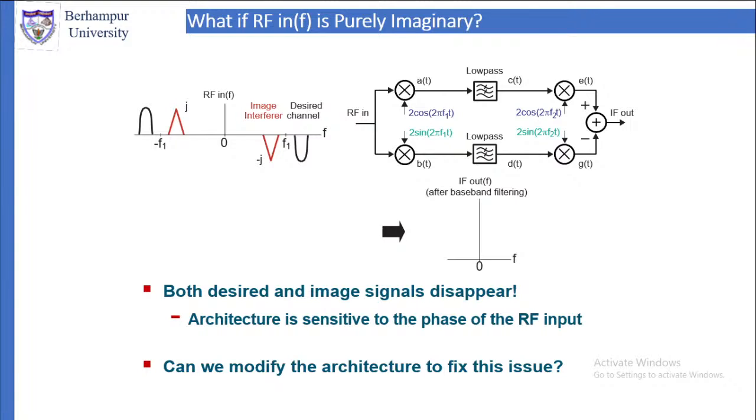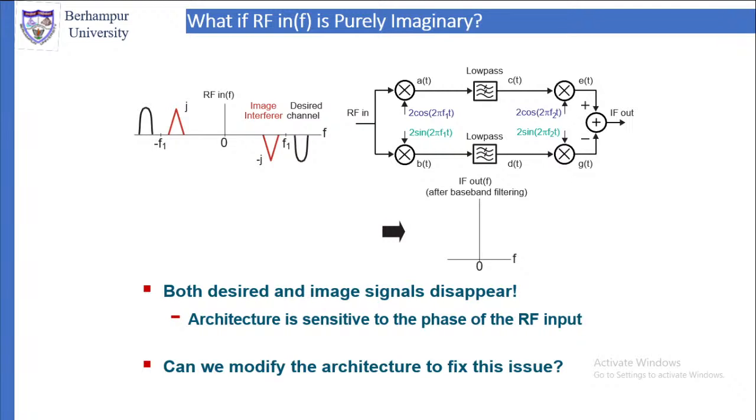Now, suppose RF in the F is purely imaginary, which means a sine wave. In the frequency domain you can see the spectrum on the left hand side, and the right hand side is the circuit.